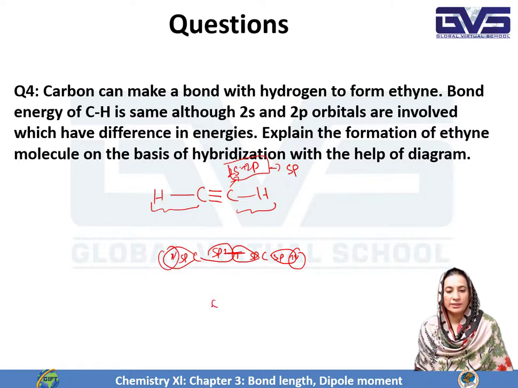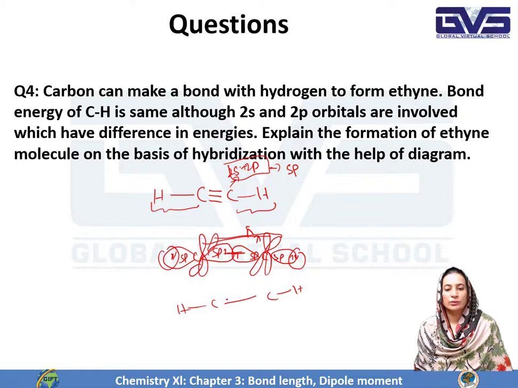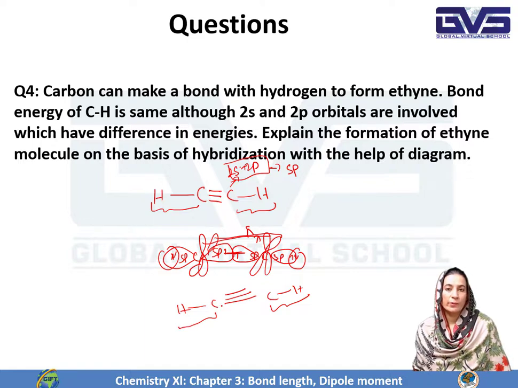These bonds are the same, hydrogen and hydrogen, but in this case one is sigma, and the 2py and 2pz orbitals are parallel to each other. So they form pi bonds in parallel this way. So there are two pi bonds due to the parallel overlap, but these bond energies are the same because they are formed by sp-s on this side and also sp-s on this side.